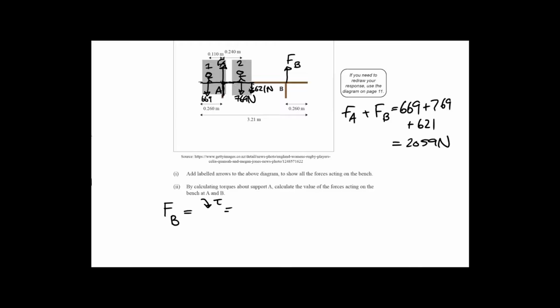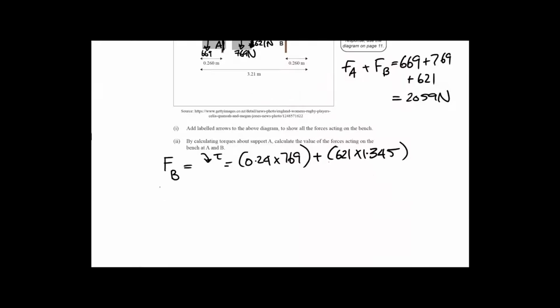This is from the fulcrum at A, and this person is 0.24 meters times 769 newtons, plus the pulling down of the bench, which is 621 newtons times 1.345, because it's halfway between these two, 1.345 meters.